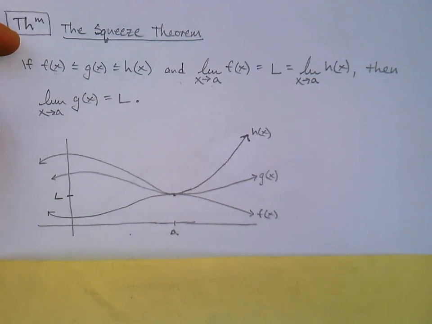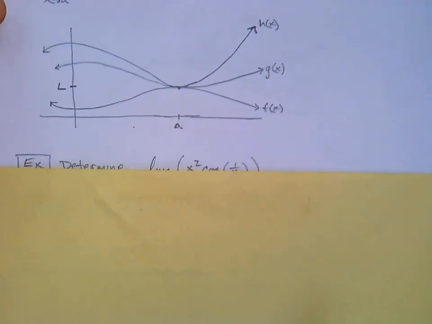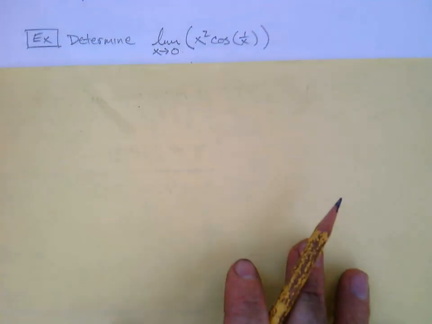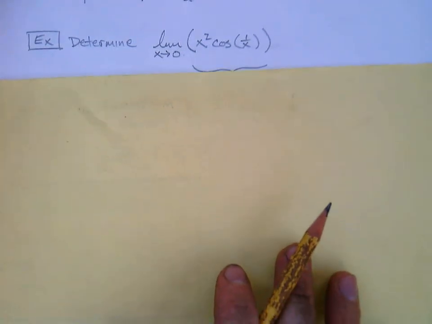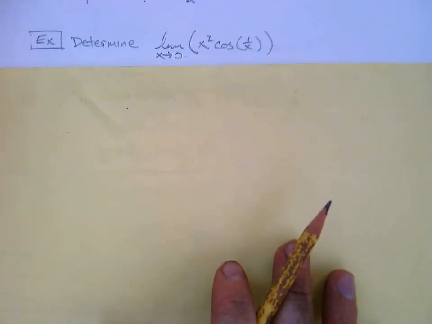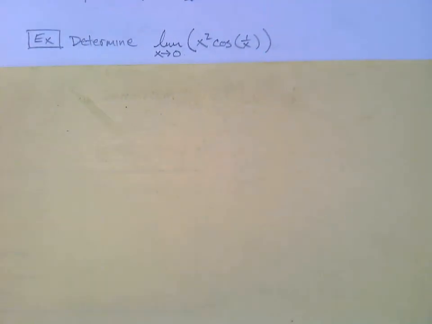Okay, what will this look like in an example? The squeeze theorem allows us to take limits of things that we wouldn't be able to do otherwise, or maybe at best we'd have to resort to a table.